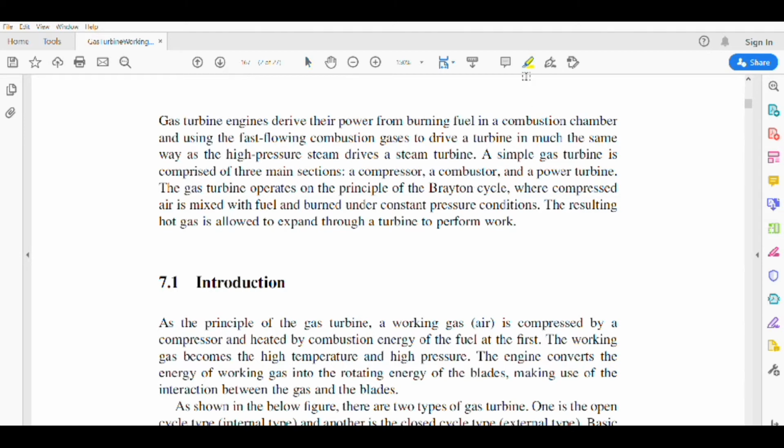There are three main parts: compressor, combustion, and the power turbine, where the compressed air is mixed with the fuel and burned under constant pressure conditions. The resulting hot gas is allowed to expand through a turbine to perform work.